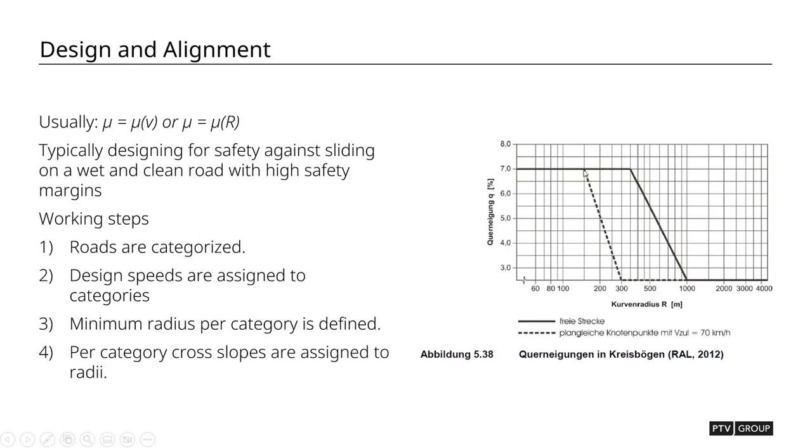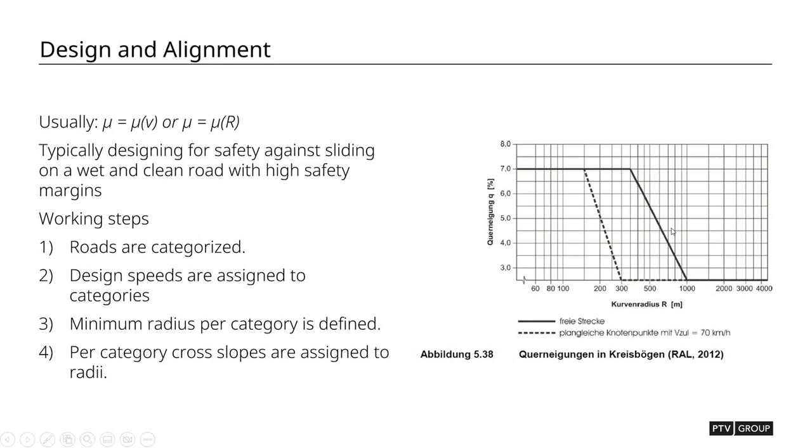And then it is checked what is the smallest radius where with the largest allowed super elevation, we still can go safely with the safety factors, safety margins, through the curve at design speed. And when the radius is larger, then typically the super elevation is reduced.